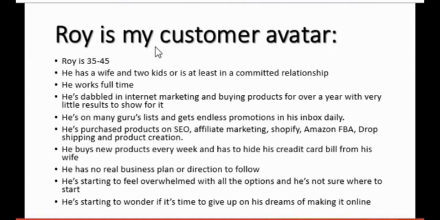But essentially, Roy is a 35 to 45-year-old male. He has a wife and 2 kids, or at least he's in a committed relationship. He works full-time. He's dabbled in internet marketing and buying products for over a year with very little results to show for it. He's on many gurus' lists and gets endless promotions in his inbox daily.